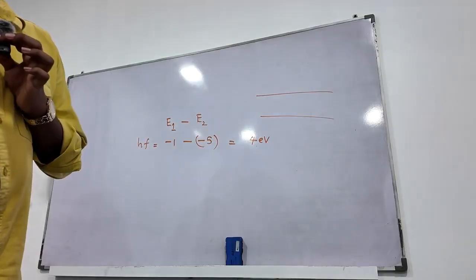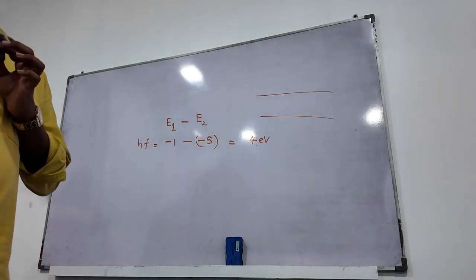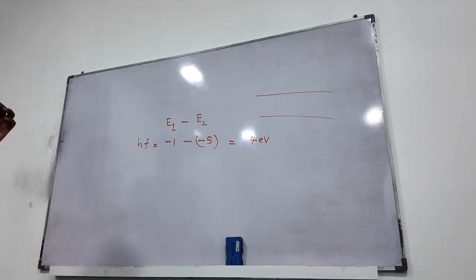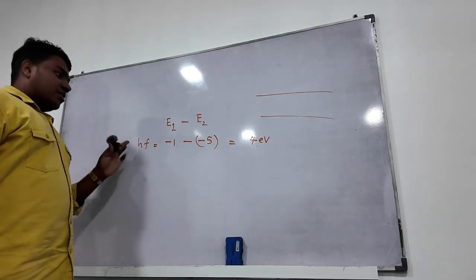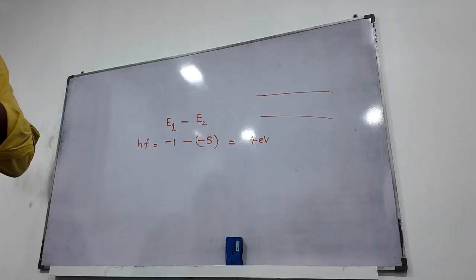In the answers that they have given, they have given the frequency as F over 8. So we should isolate the frequency. Anyway, the HF product is 4 electron volts, that's from 4 to 1.